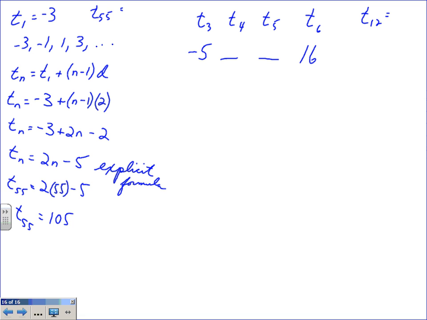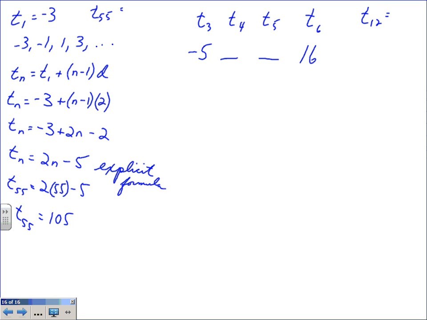All right. By the way, those two numbers, you're going to have other problems that say find two arithmetic means. What does mean mean? The average. These two numbers in between these two are called the arithmetic means.